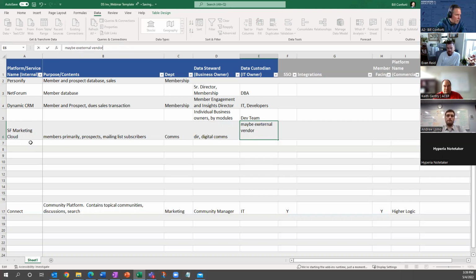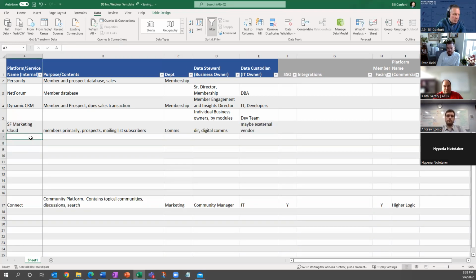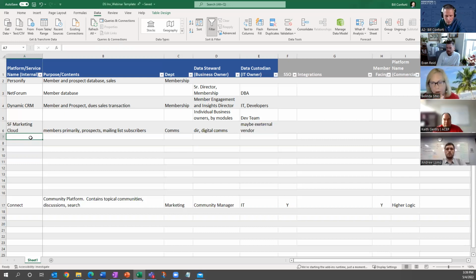That's great. What else are we using? Anybody using HubSpot or Marketo, or one of the big commercial marketing things? We use Magnet Mail, but we are going to be moving over to HubSpot. Okay. And what about the scope of your data there? Is it mostly member email addresses?